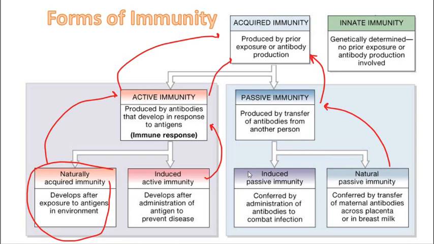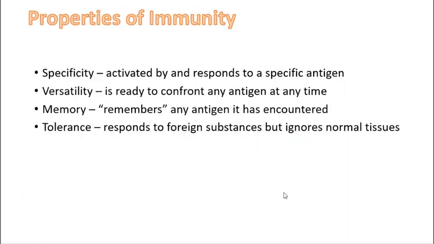Induced would be, for instance, if you have been bitten by a snake, scorpion, or spider, you go to the hospital and the hospital injects you with anti-venom. Those antibodies that you were injected with, your body didn't make them. They were passively given and you were induced to it.